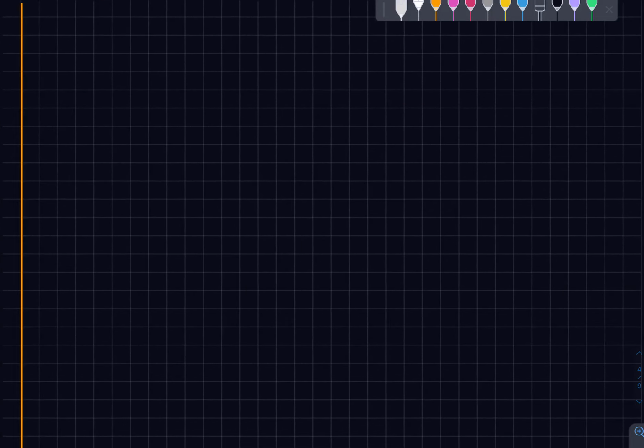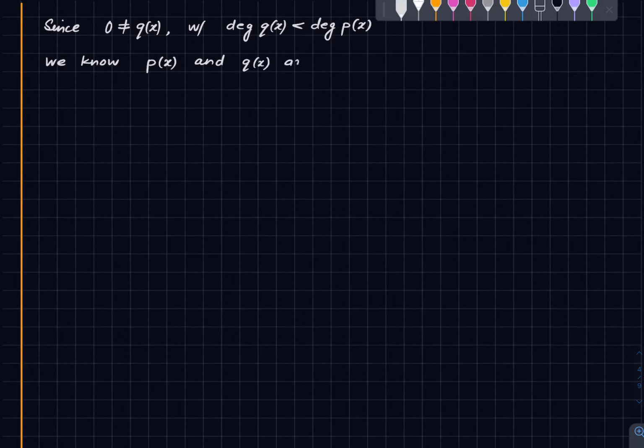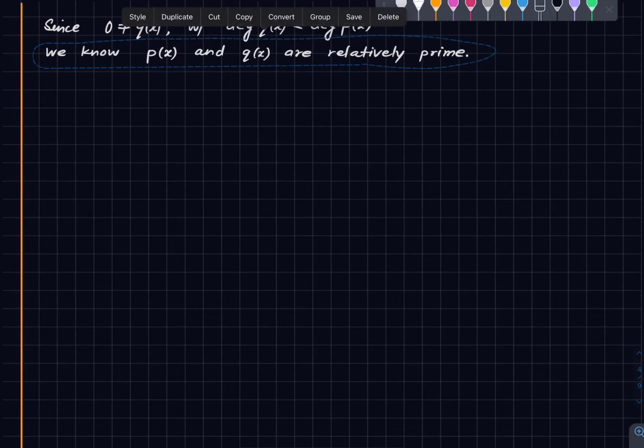So since qx is a non-zero polynomial with degree less than the degree of px, and px is an irreducible polynomial being an eigenpolynomial, we know that px and qx are relatively prime. Okay, so we will use Euclid's theorem.